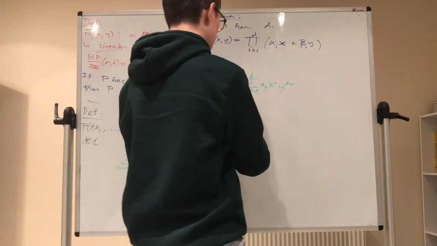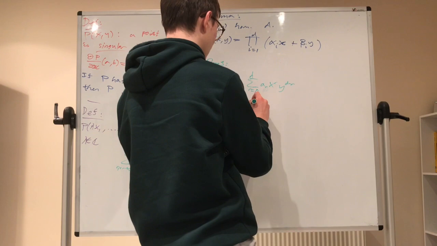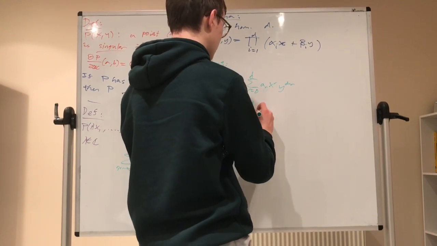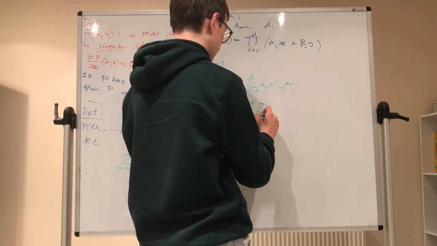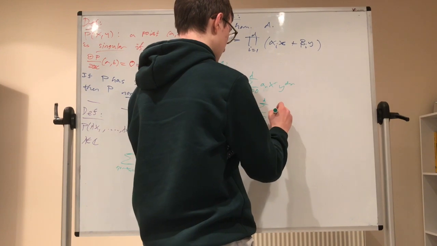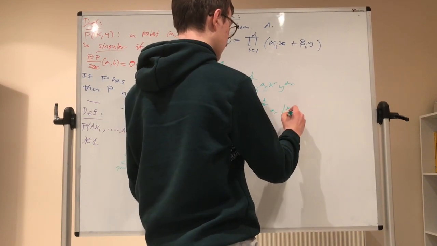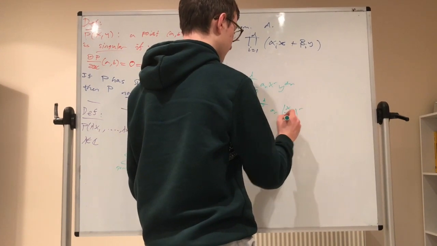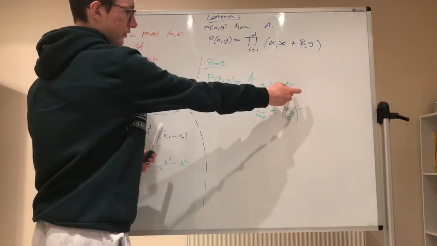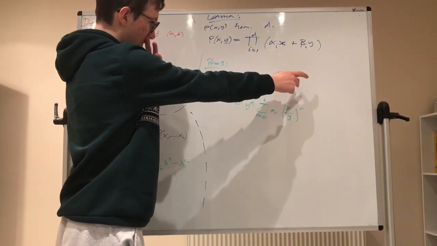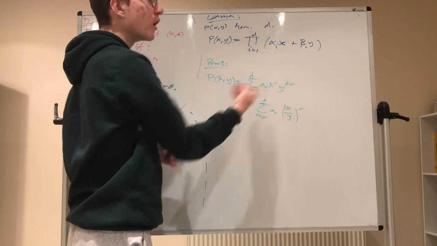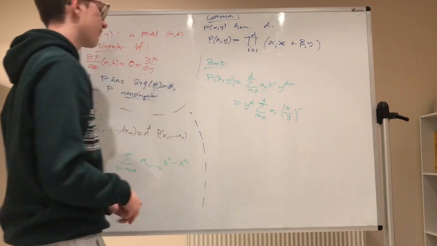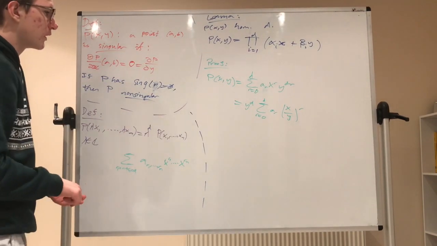And we can rewrite this as y to the d times the sum from r equals 0 to d of a r times (x over y) to the r. Right, because then we're just left with y to the negative r, which is x to the r over y to the r.